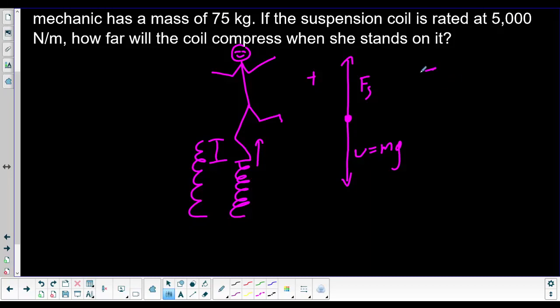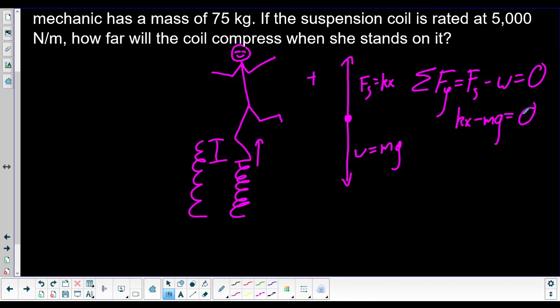And we'll do a sum of forces in the y direction once again. So now we have the force of our spring minus the weight equals 0 still. Substitute in our equations. So we have kx minus mg equals 0.